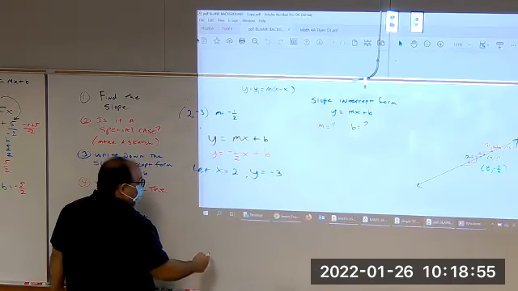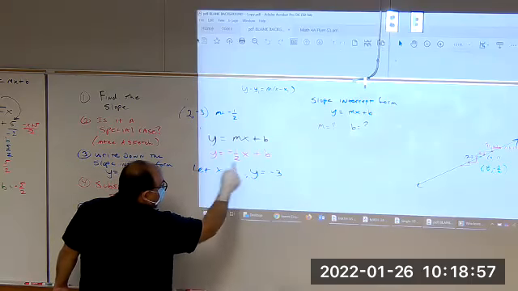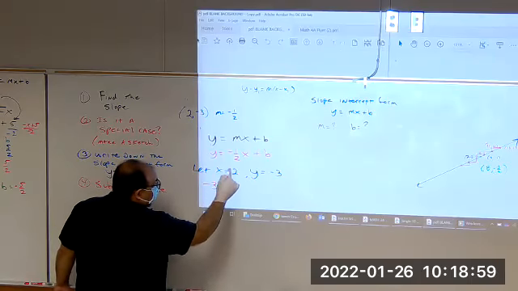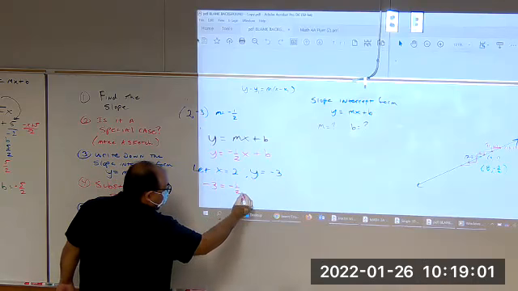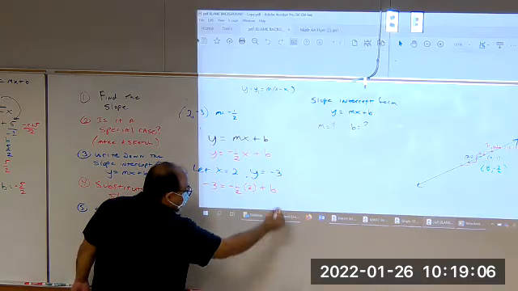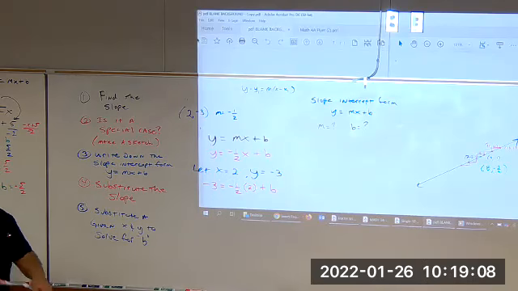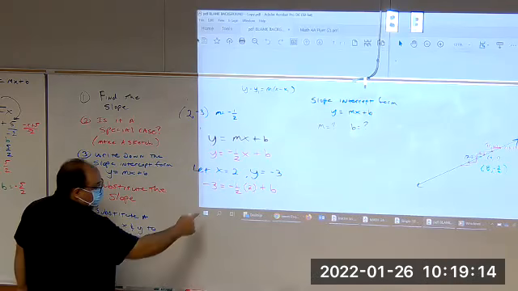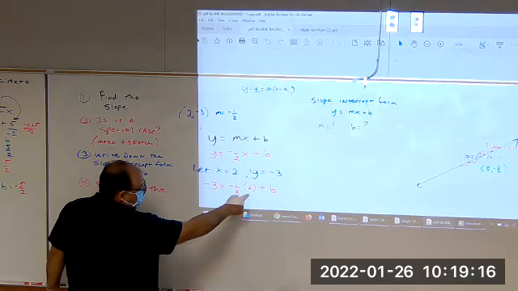Now don't mix them up. This Y is the -3. -3 equals -1/2 times X, which is 2, plus B. So I solve for B, simplify this before you do it.